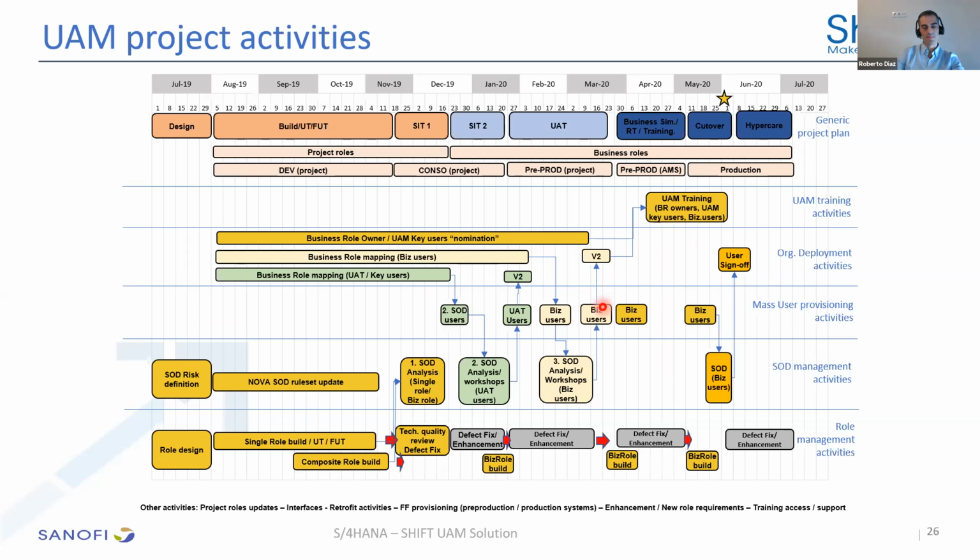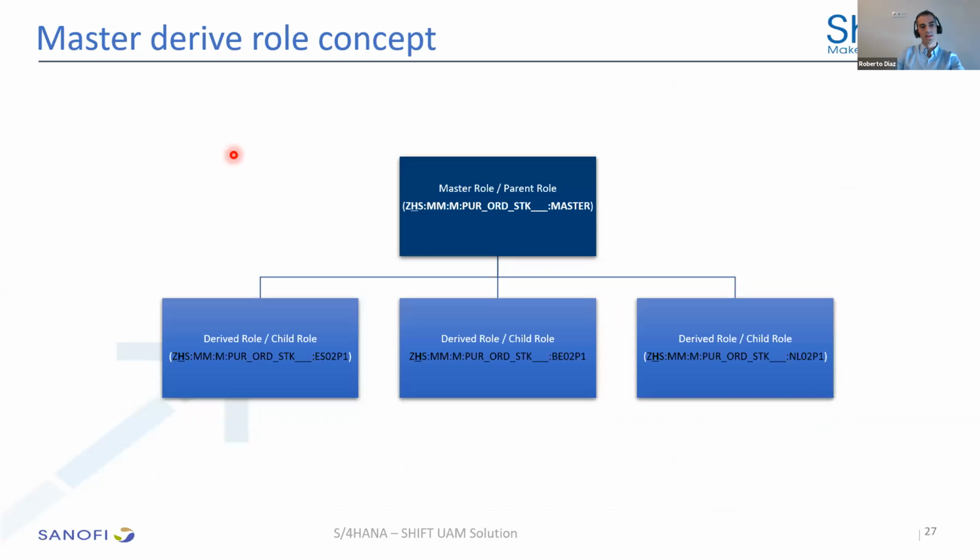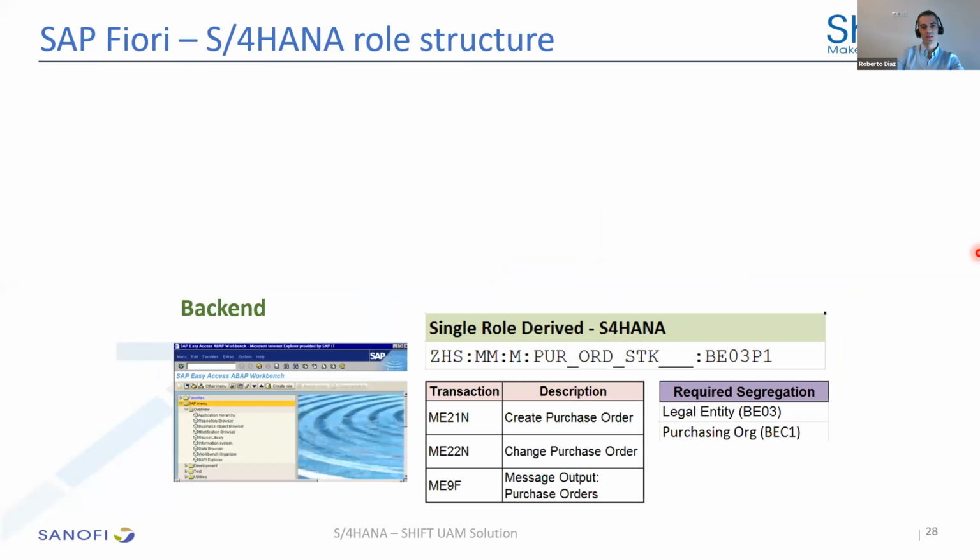And then we follow the master-derived role concept. So we create master single roles with the transactions, and then we derive those: we create derived single roles with the respective organizational structures and values.